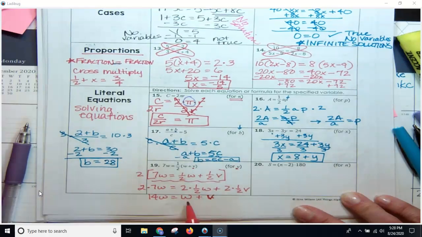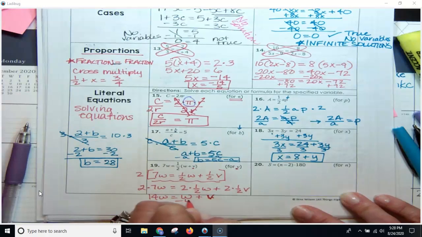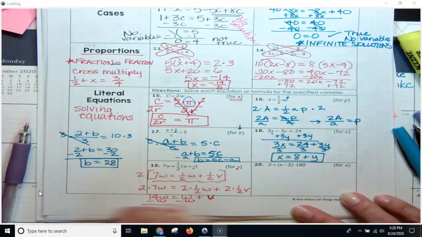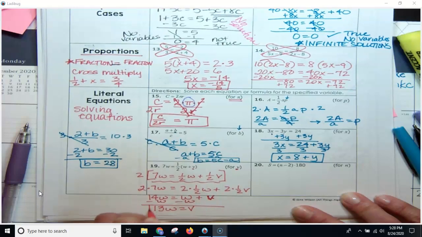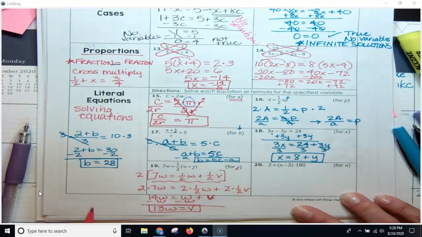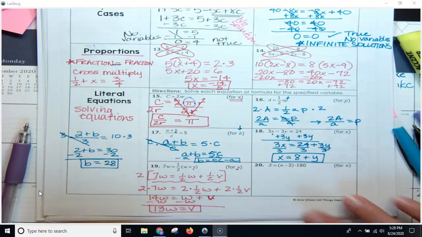And now I can just subtract this W from both sides. And I'm left with 13W equals V. So V is the same as 13W. Do we care what that is? No. All we know is that if I were to have a V and you were to have 13W, they would have the same value.